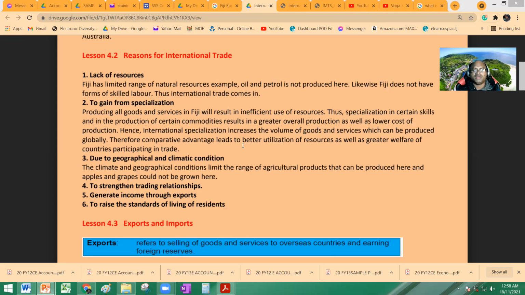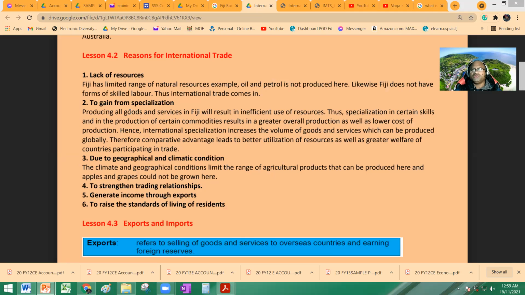So the resources that we have, we make use of them and we sell them overseas. What we do not have, we get from overseas into Fiji. So we utilize our resources in a way that will help us to sell the goods that we can make at the least cost to other countries.